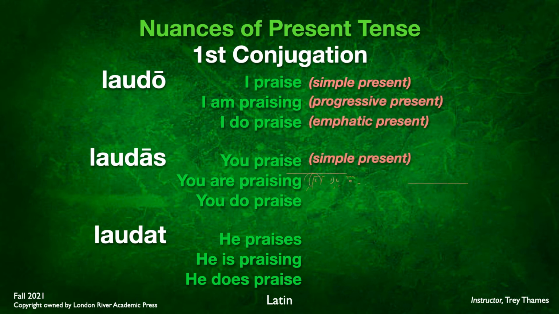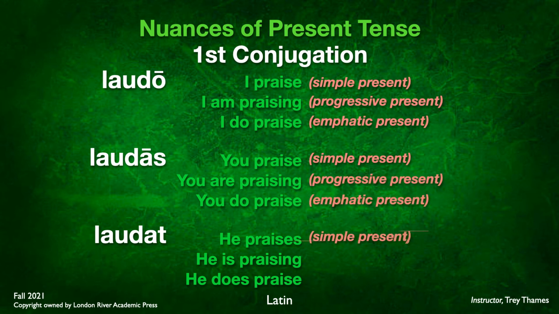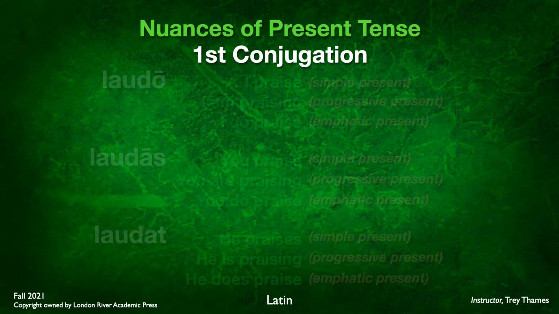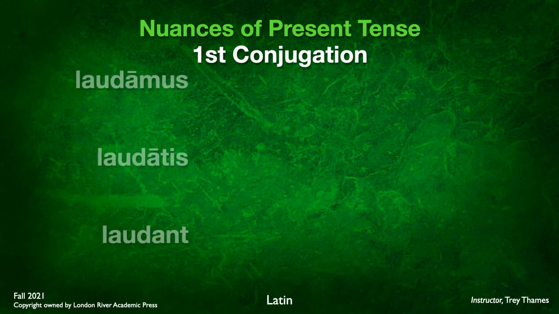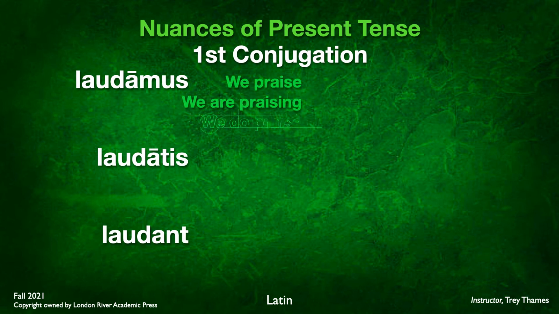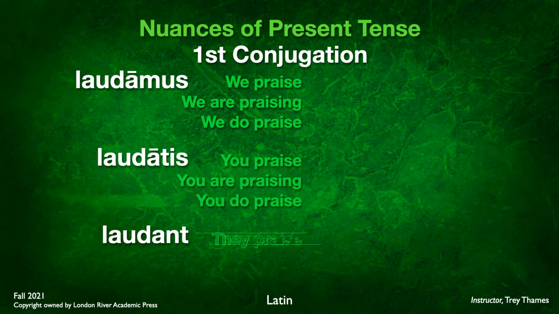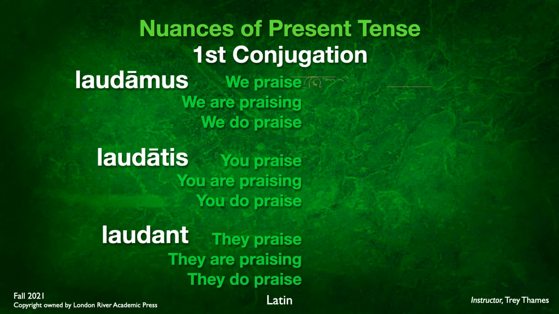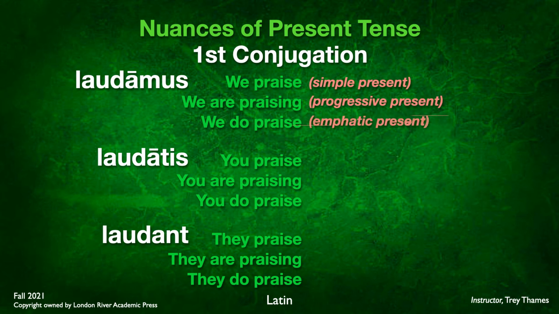I praise is simple, I am praising is progressive, I do praise is emphatic, and that goes for second person and third person as well. We won't run through all of those. Those are the different nuances. You can see the same thing on the plural side. We praise is the simple, we are praising is progressive, and we do praise is emphatic. We'll let the slideshow run through its transitions here. There we go, simple present. All right.